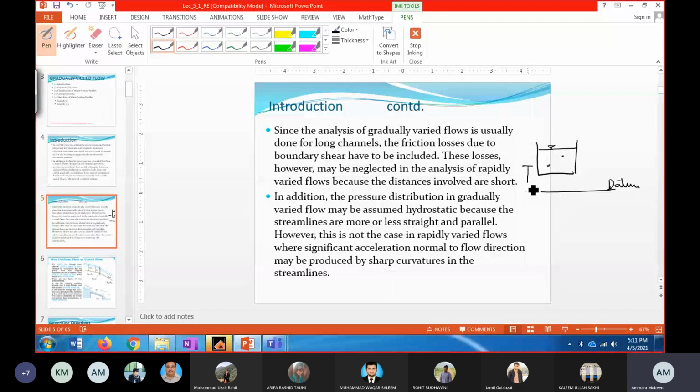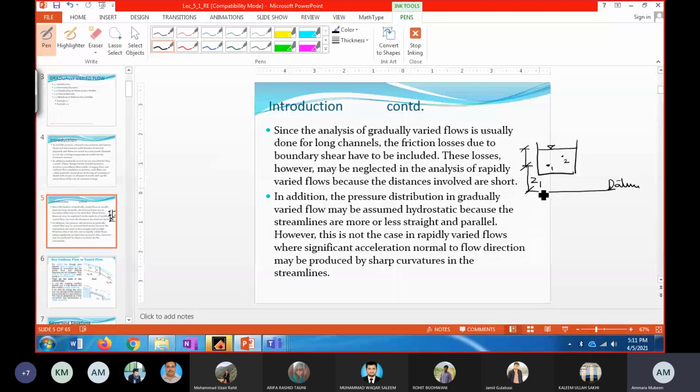What about this distance? It is potential head. So I'll call it Z1. And what about this distance from the surface? It is pressure head at this point. So this is point 1 and this is point 2.